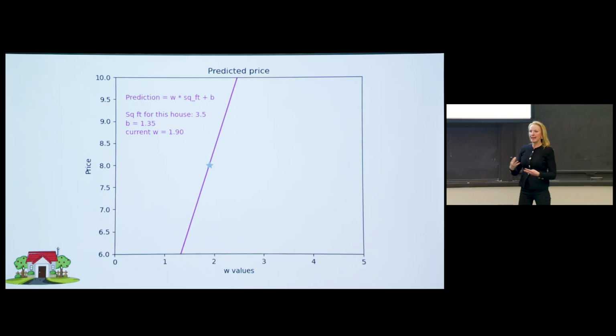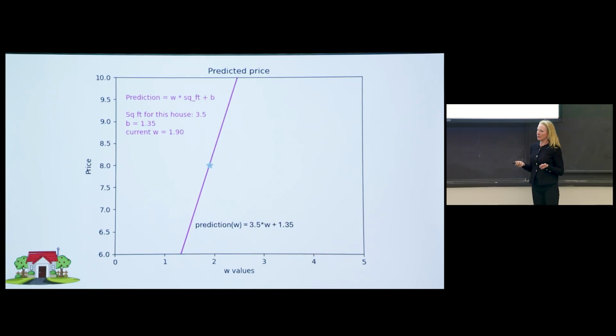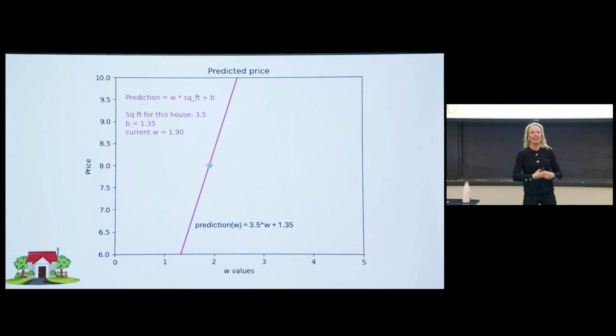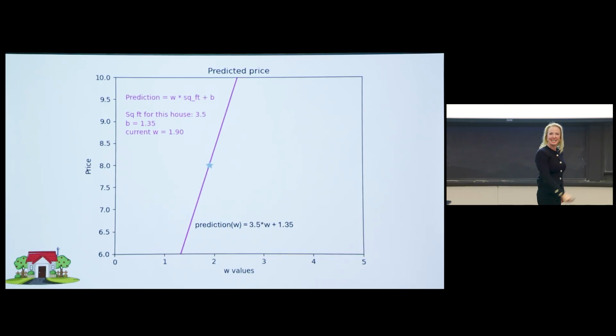So I'm just changing what I'm writing as a function of what. Totally legit to do it this way. Now my prediction is not a function of square footage, but a function, for this house, of the weight that I attach to the square footage. Square footage here is 3.5. That's now the slope of this line, because it's the thing multiplying the variable, like y equals mx plus b.